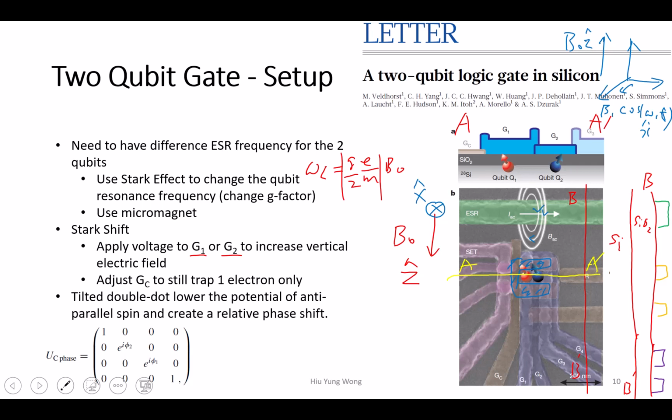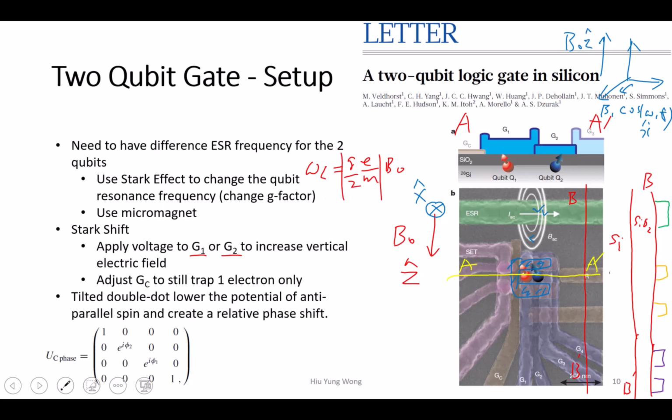To be frank, I don't know exactly the math of doing that. You can study more, but the main point is that you use different voltages here to change their gyromagnetic ratio. And then you have different resonance frequency, or normal frequency.